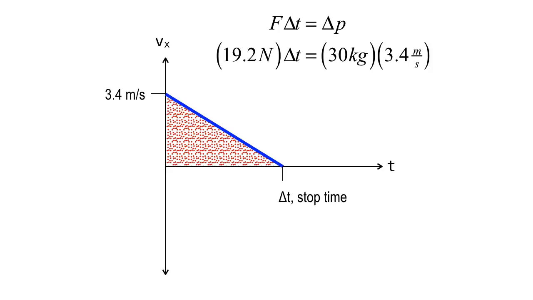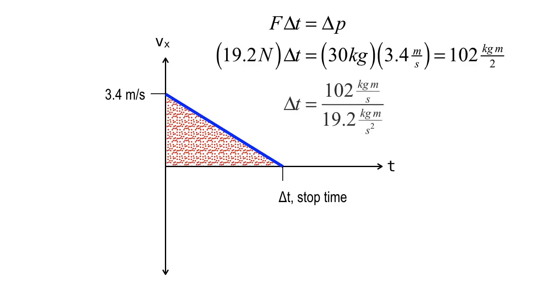Now that 30 times 3.4, that's 102. That's supposed to be kilogram meters per second. I put in a 2 there. Whoa, Dr. B. So that should be 102 kilogram meters per second. I'll have to edit that, and it's correct on this line.